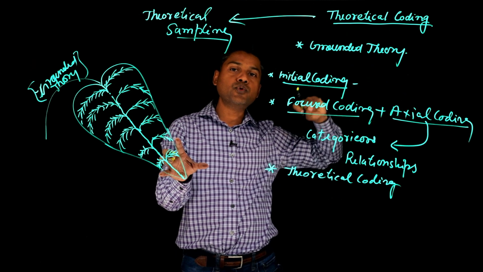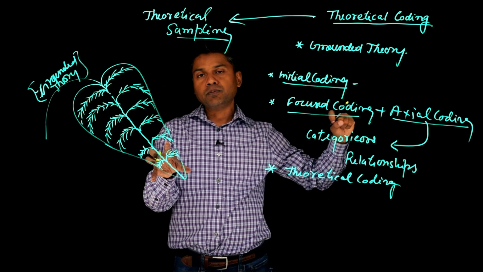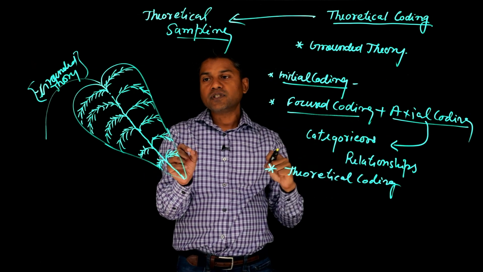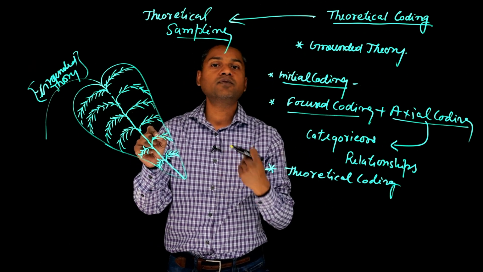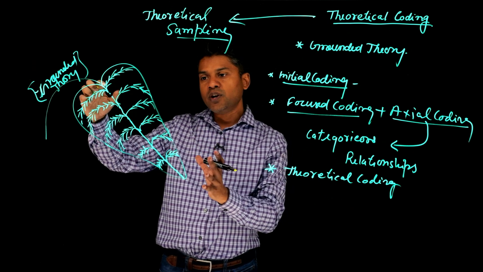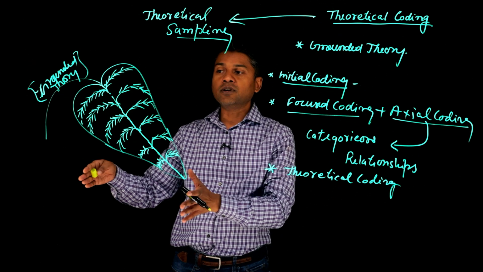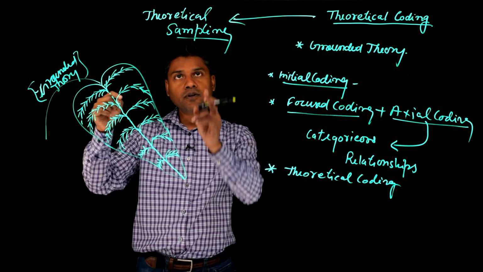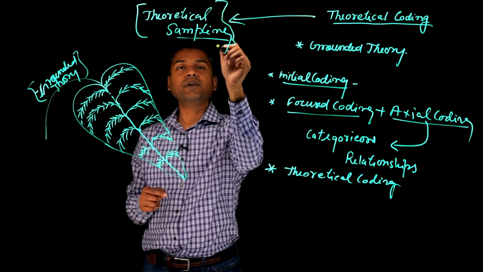So I do further sampling. I recruit more participants. Now, when I'm collecting data with these new participants, I am focusing on what category needs to be developed even further. So based on my needs, what part of my theory needs to be developed further, I do further recruitment, and this is called theoretical sampling strategy.